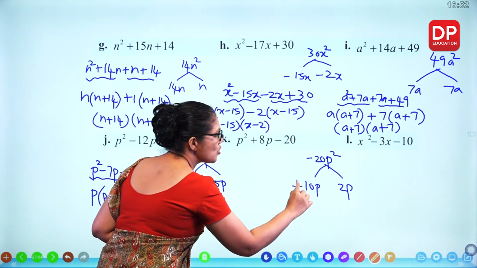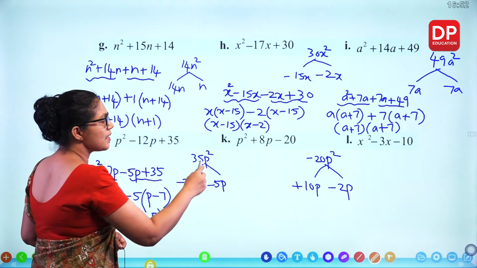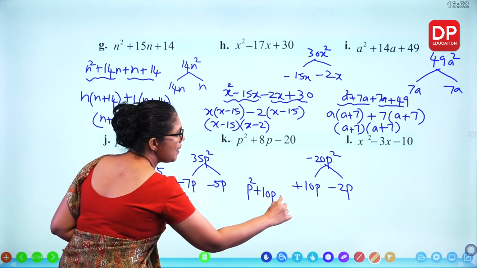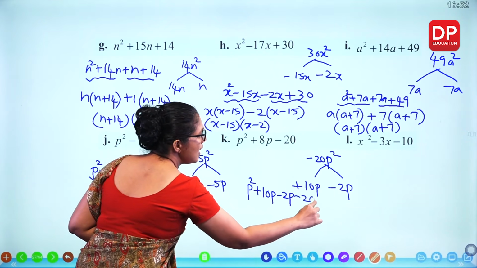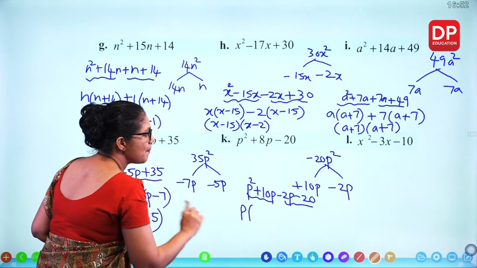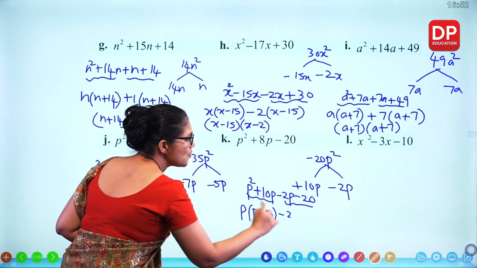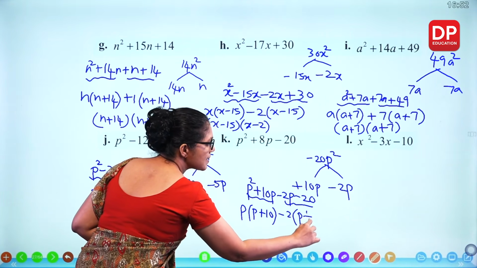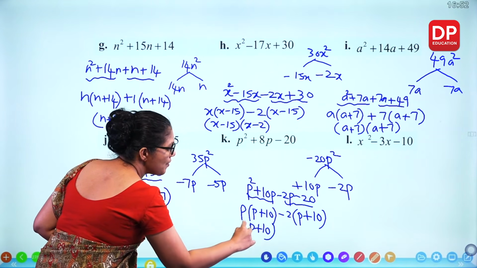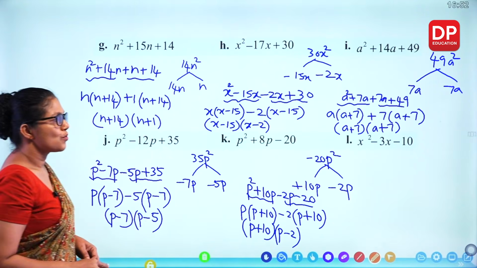The biggest number should be positive to get positive 8p. Now split the middle term to 10p and minus 2p. Take 2 at a time and factorize. So I can take p out, p plus 10, and I can take minus 2 out, p plus 10. Now p plus 10 is common, take it out, and the remaining part I can write p minus 2.